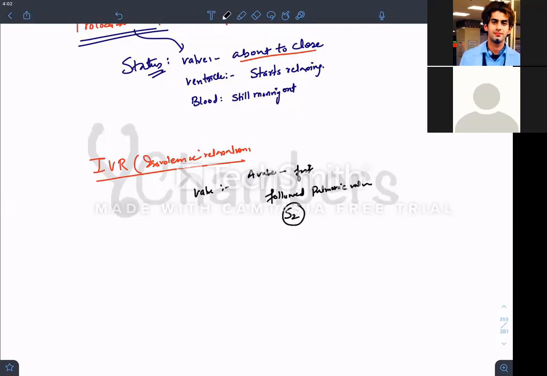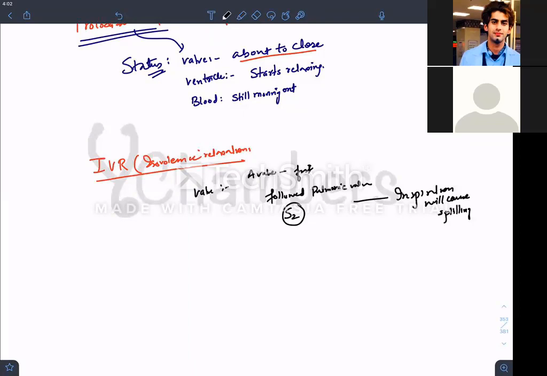Who will cause splitting of this sound? Inspiration or expiration? Inspiration. So you should write here: inspiration will cause splitting.